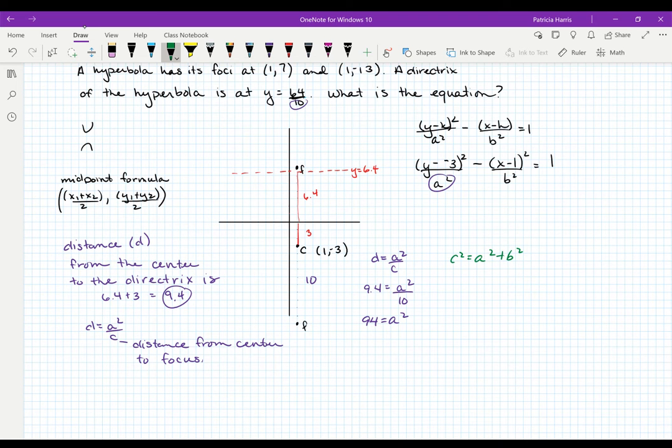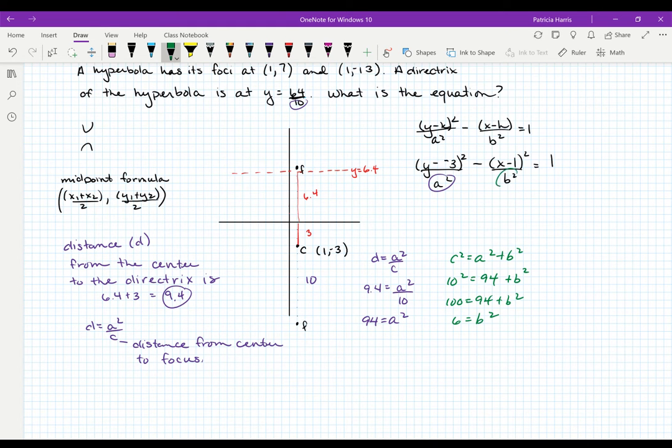So C you know is 10 squared. A squared you know is 94. Be careful not to square that again. So 100 equals 94 plus B squared. Subtract, and B squared is 6.